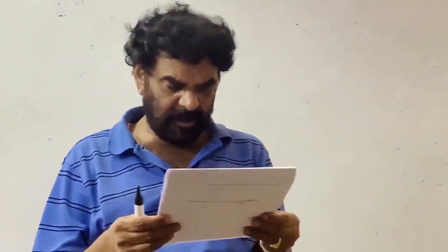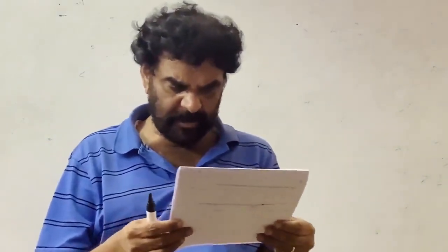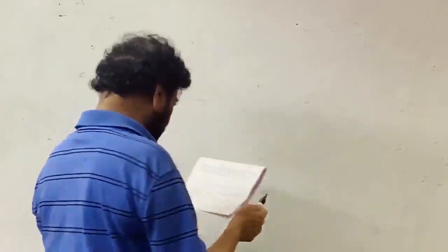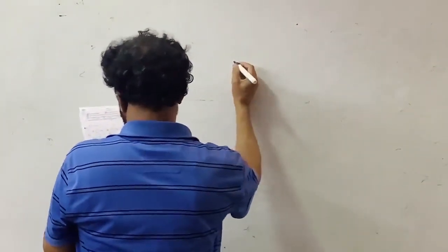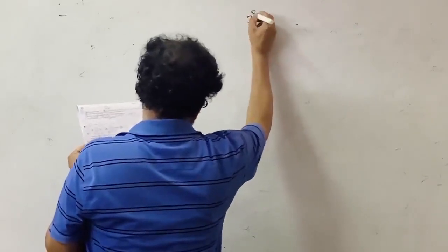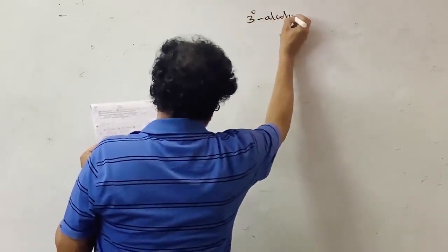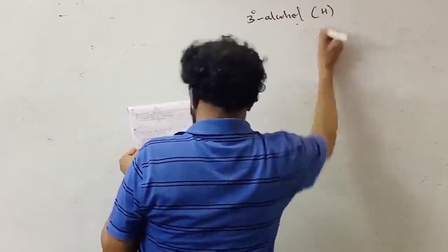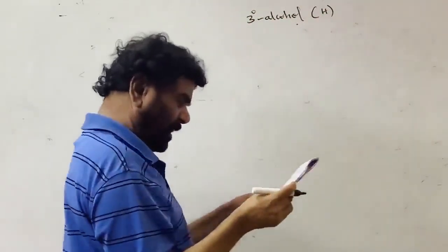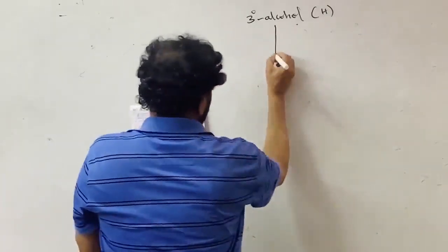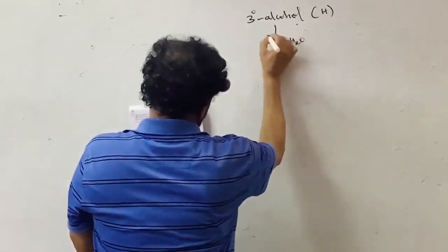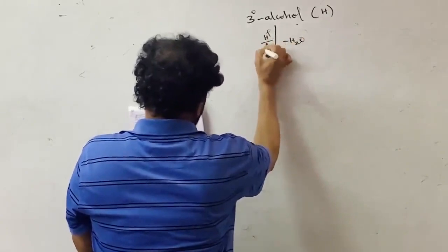The structure of the tertiary alcohol H, upon acid catalyzed dehydration, gives the product I. That is minus H2O, H plus ion, heat.